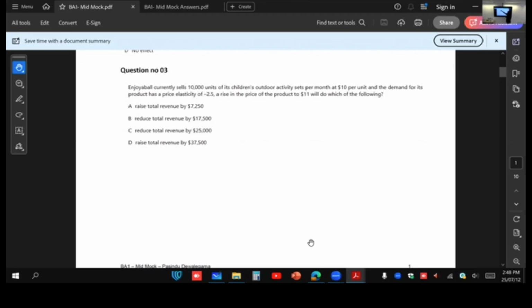You can calculate the number of units first, right? Using the price elasticity of demand. Now here the price elasticity of demand is given. Percentage change in price you can calculate because 10 is being changed into 11. You can calculate the percentage change in output, right? Then you can multiply that by the price which you are selling it, which is 11. Take the revenue impact. So I'll give the answer.